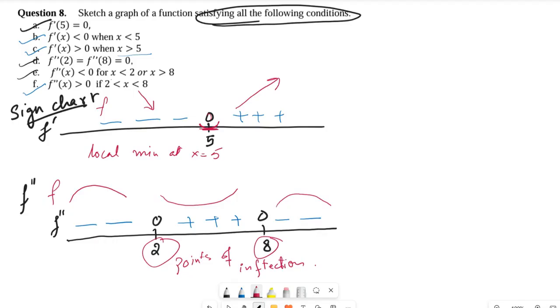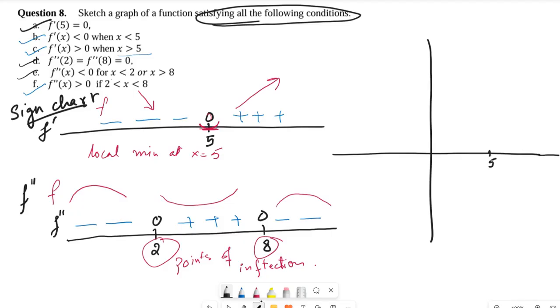Okay, let's draw all this information on our graph. Let's draw the important points. Somewhere we have 5, we have 2, and we have 8. They're saying at 5 we have a local minimum and the horizontal tangent is parallel to the x-axis, and before that the graph is decreasing.